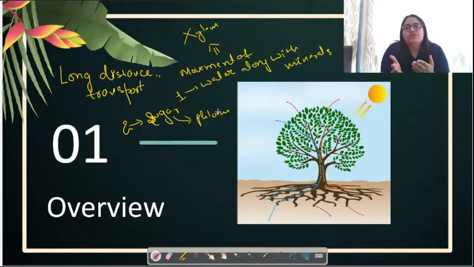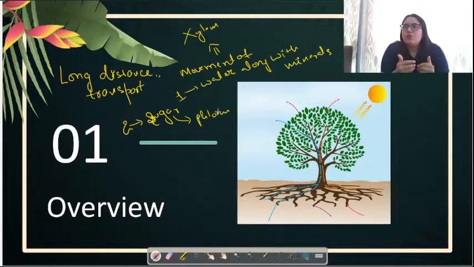Then we talk about water potential, osmosis, right? All these help the water or the substances to move over a short distance, right? So let me tell you, students, the short distance transport, that is the facilitated diffusion, simple diffusion, and the active transport, can at max move substances within a plant cell or between two plant cells, right?